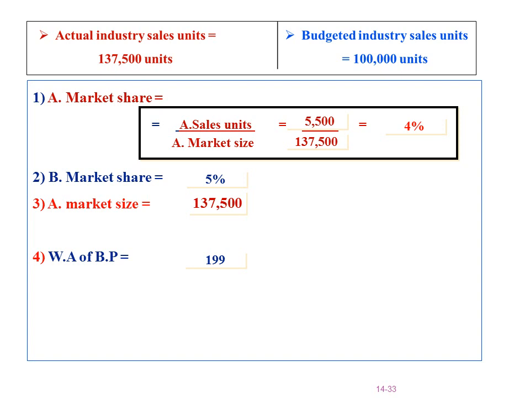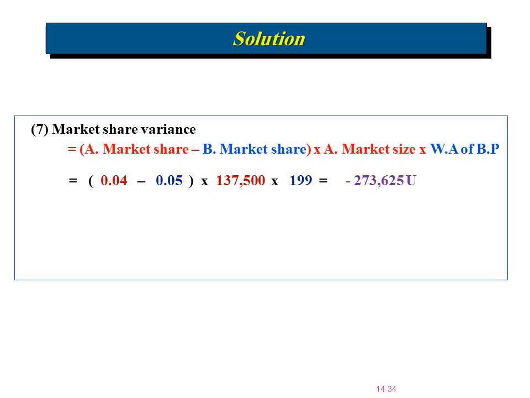Okay, if I have market share actual and budgeted, and I have actual market size and weighted average, I can calculate the last kind of variance, market share.